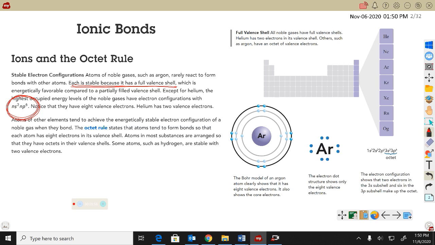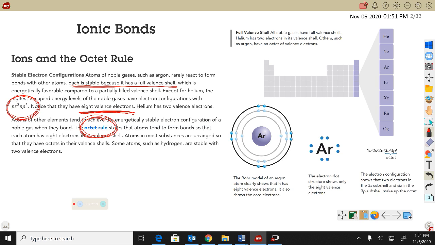And so we're trying to get a total of 8 valence electrons, meaning 2 in the outermost S and 6 in the outermost P orbital. And we call that the octet rule, where atoms are trying to gain or lose electrons to fill their outer shell with 8 electrons.